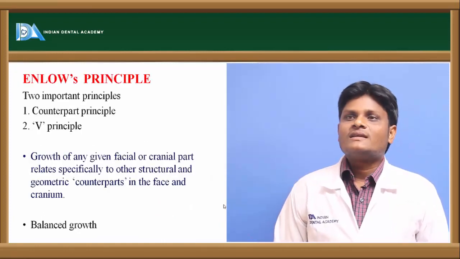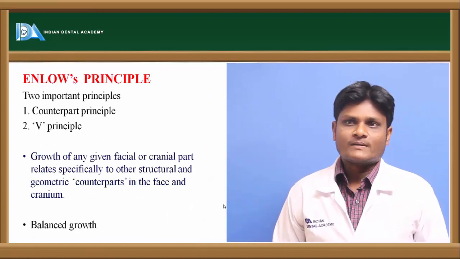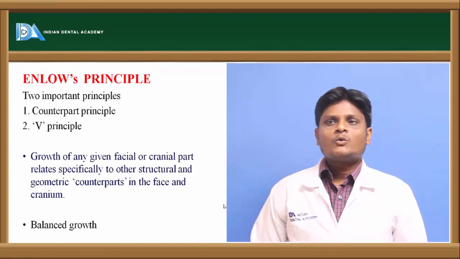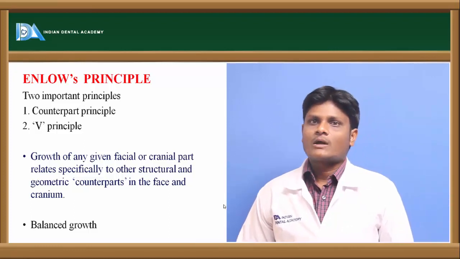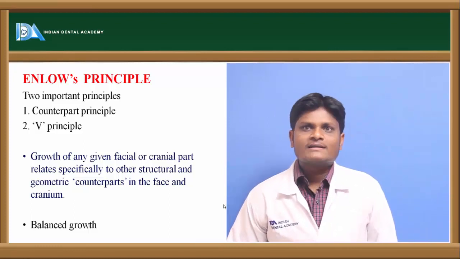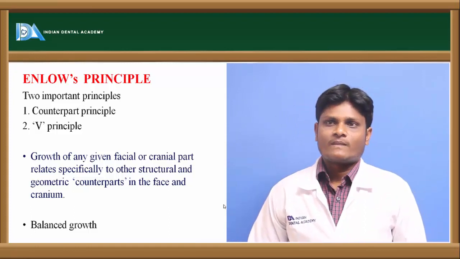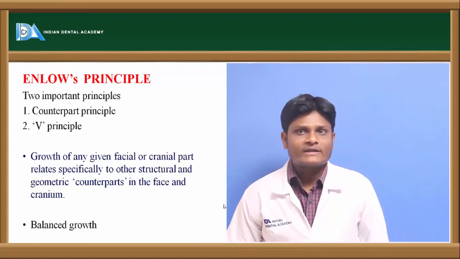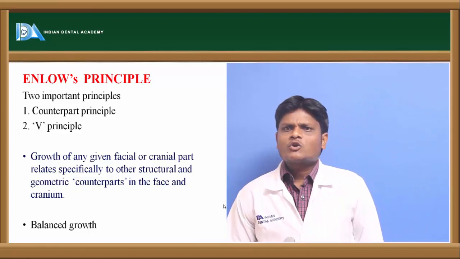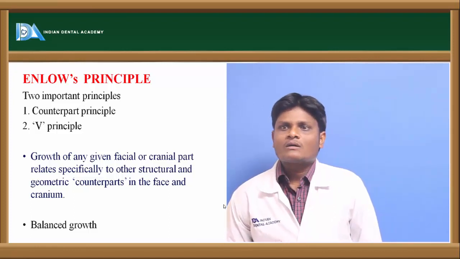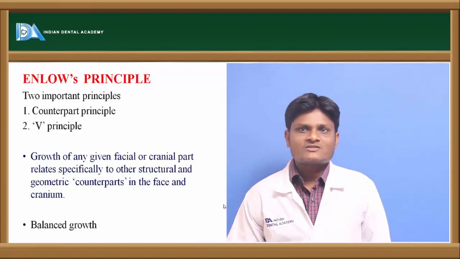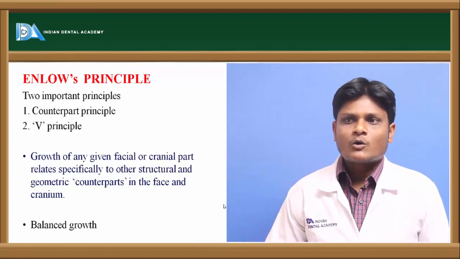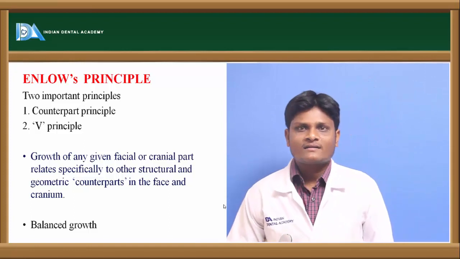The next theory is Enlow's principle. There are two important principles proposed by Enlow. One is the counterpart principle, and the other one is the V principle, or expanding V principle, as we call it. Growth of any given facial or cranial part relates specifically to other structural and geometric counterparts in the face and cranium.